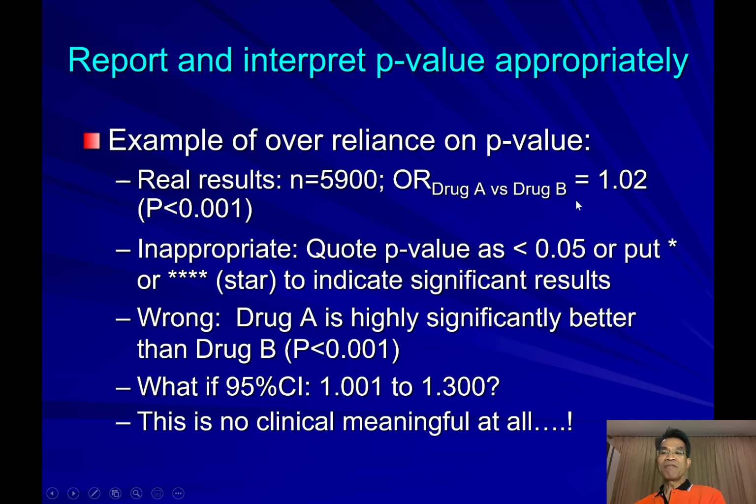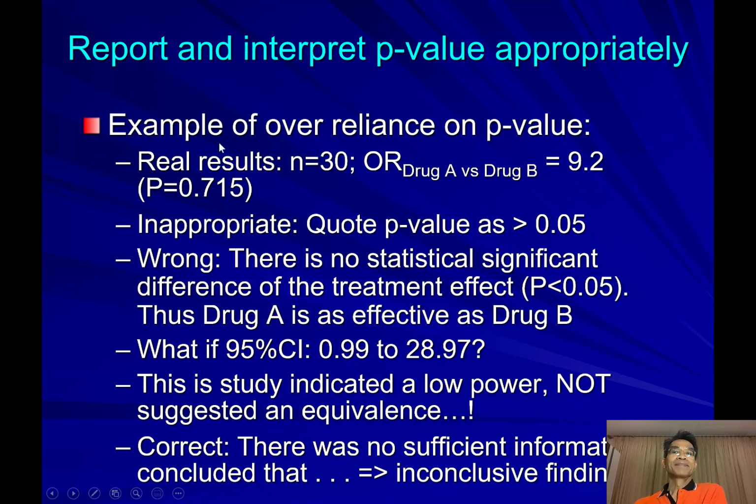So even if it is significant, the conclusion is actually no clinical meaning. All right, so we will not interpret it based on the p-value, but on the parameter estimation, here in this example the odds ratio.